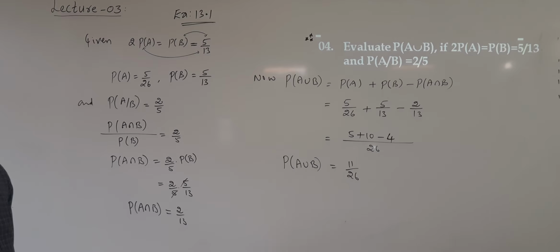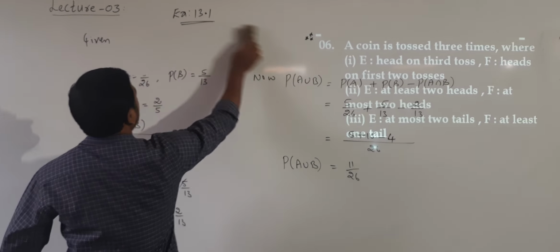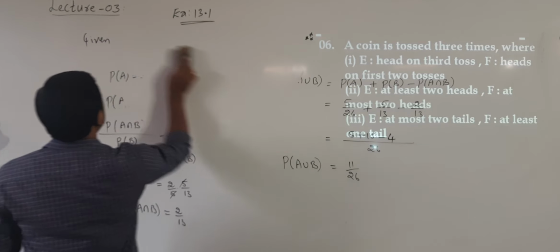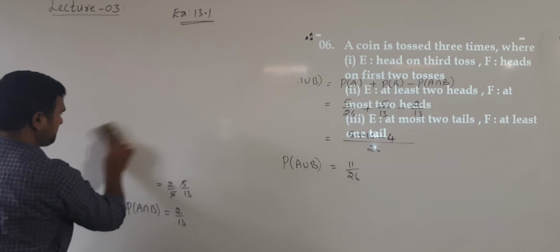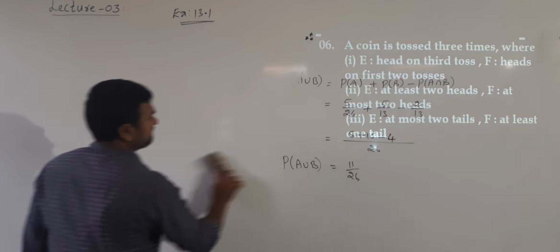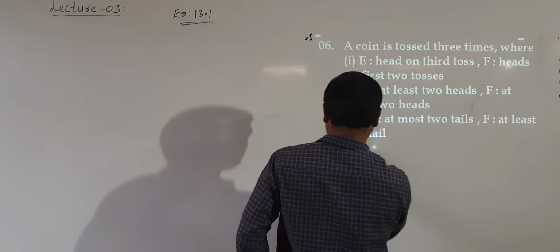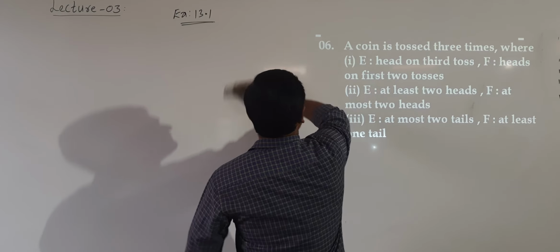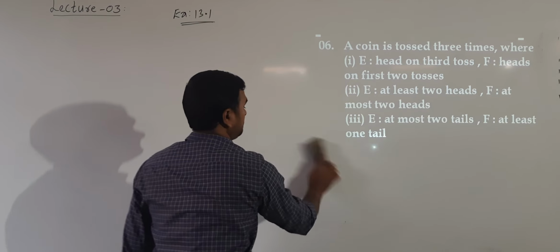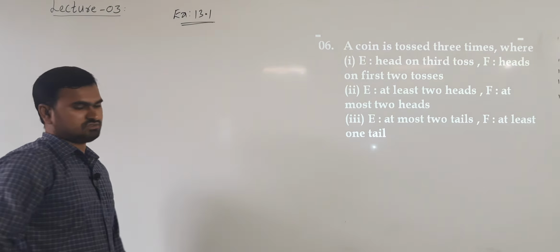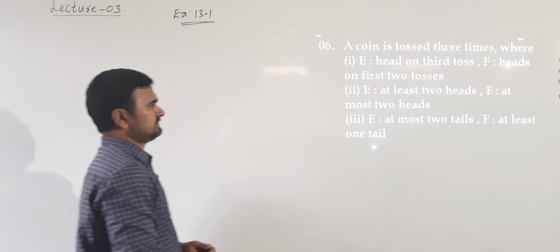Next, question number 6. A coin is tossed 3 times where E and F are the events given.